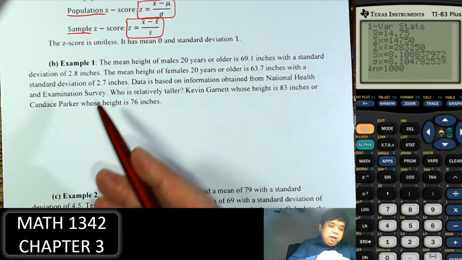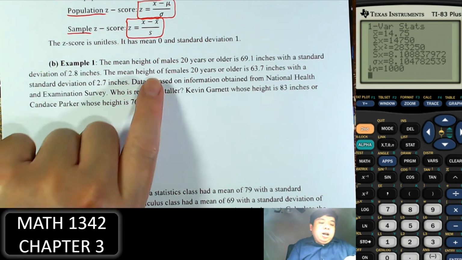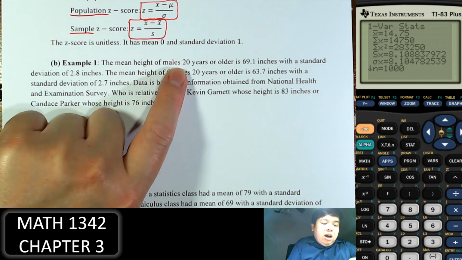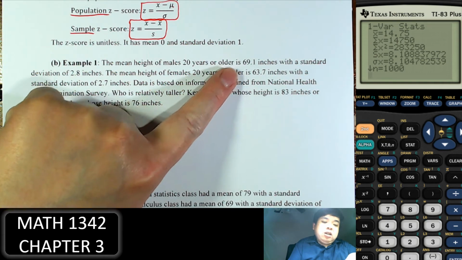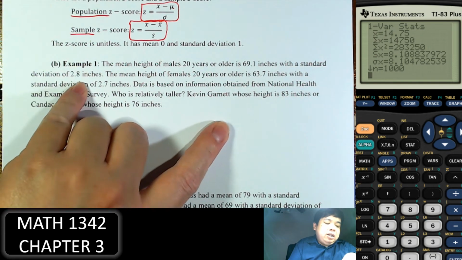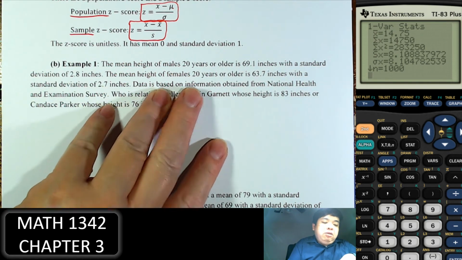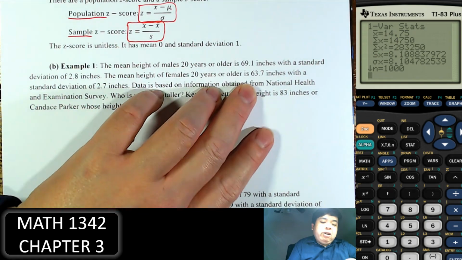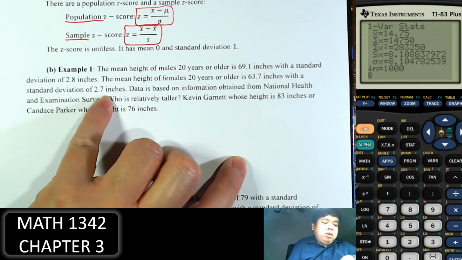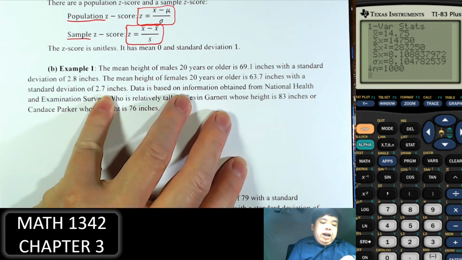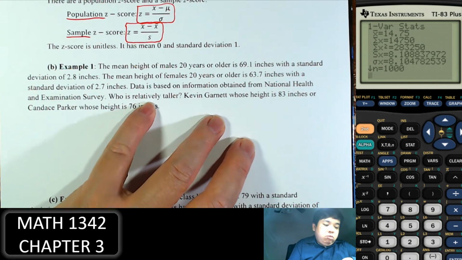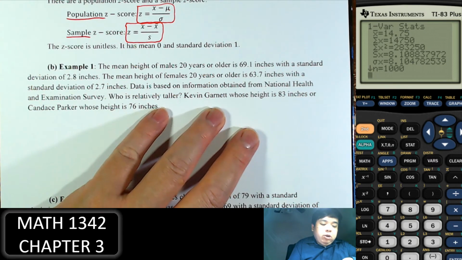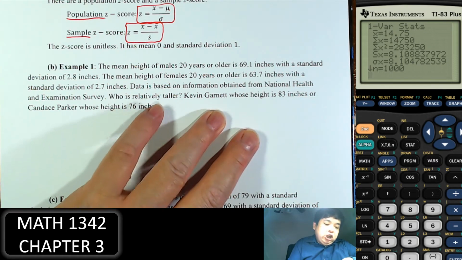Right, here is an example. The mean height of males 20 years or older is 69.1 inches with a standard deviation of 2.8. The mean height for females is 63.7 and the standard deviation is 2.7. And use that data relative to that group, meaning the gender.